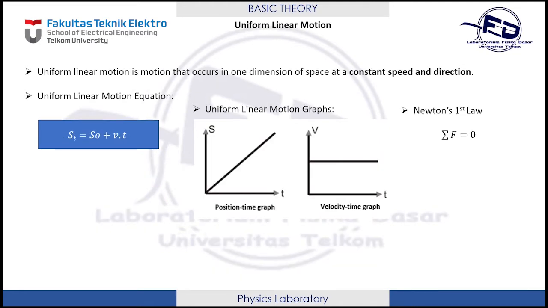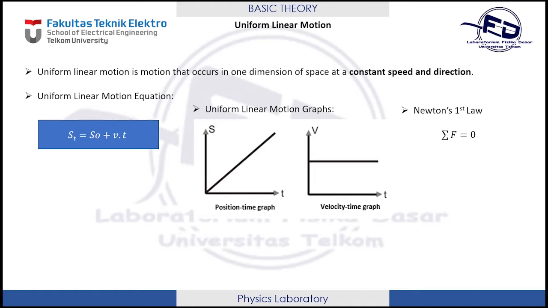And now, the basic theory of uniform linear motion. Uniform linear motion is motion that occurs in one dimension of space at a constant speed and direction. In contrast to uniform accelerated linear motion which has constant acceleration, in uniform linear motion what has a constant value is the velocity. So, the equations are also different.